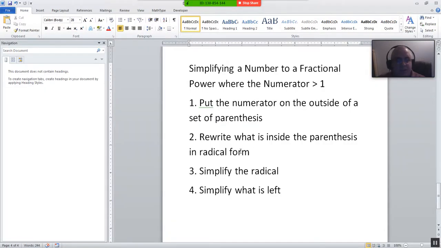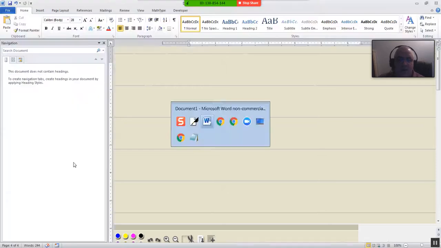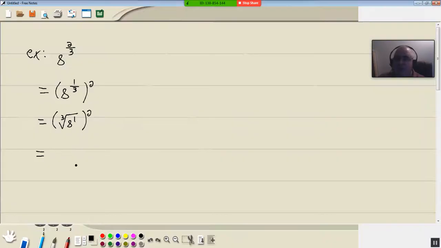Step 2, rewrite what is inside the parentheses in radical form. Well, that becomes the cube root of 8 to the 1st. Remember how that works. Whatever number's in the denominator here goes in your slot, that's your index, and whatever power's on top is what goes inside here. Step 3, simplify the radical.